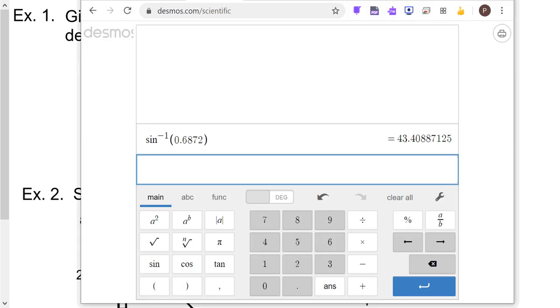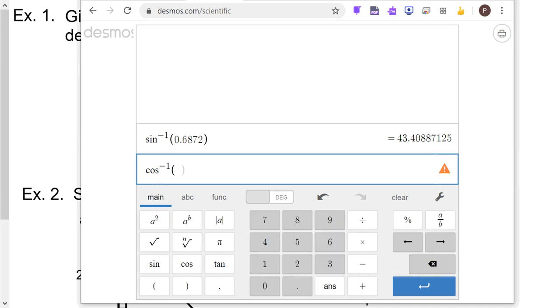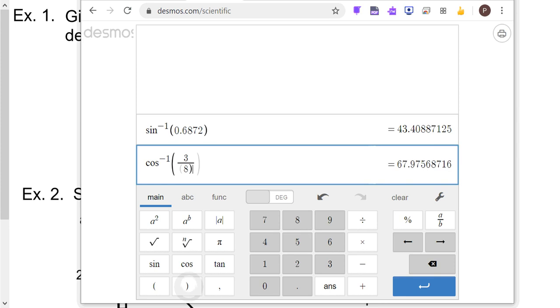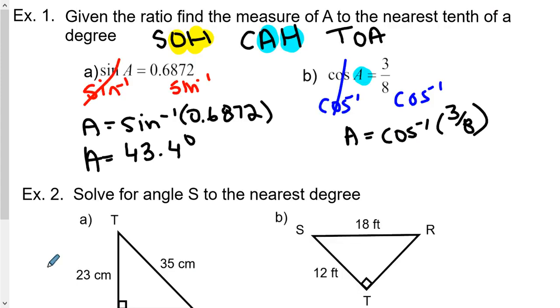Plug that into my calculator, going to my inverse cosine of 3/8, and it gives me an angle of 67.97. Round that up gives us 68.0 degrees.